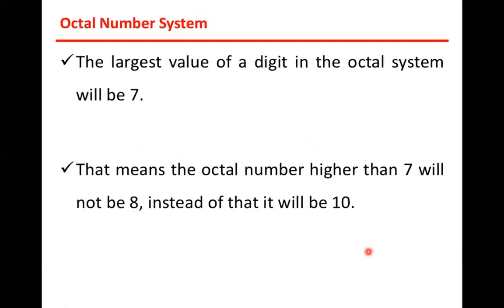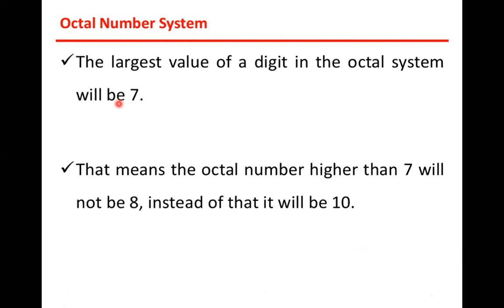The largest value of a digit in the octal system will be 7. We start from 0 and the last will be 7. After 7, it won't be 8. If you say 8, 9, 10, that is a decimal number. After 7, the next number will be 1 and 0, so it will be 10.